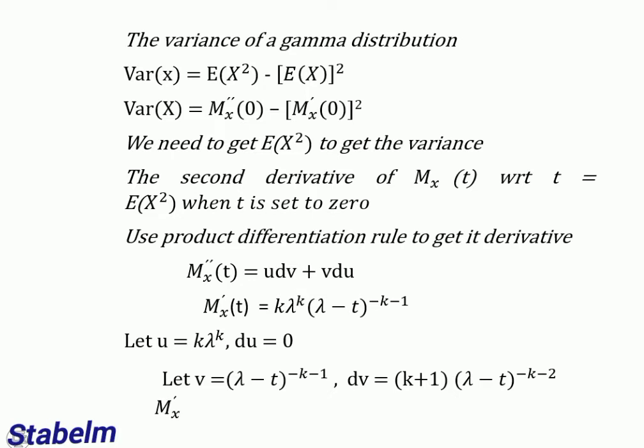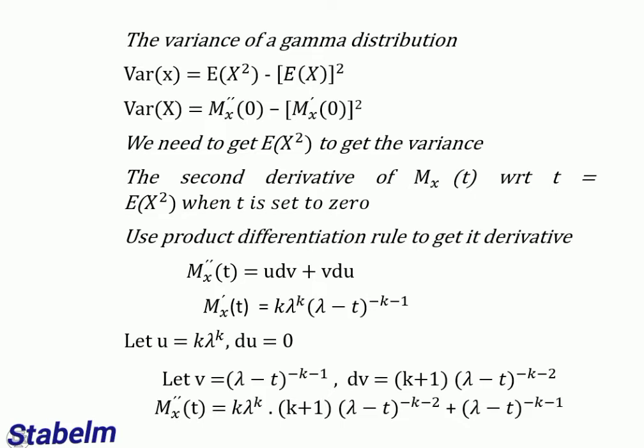We're going to have M prime x of t equals k lambda raised to power k times (k plus 1)(lambda minus t) raised to power minus k minus 2, plus (lambda minus t) raised to power minus k minus 1.